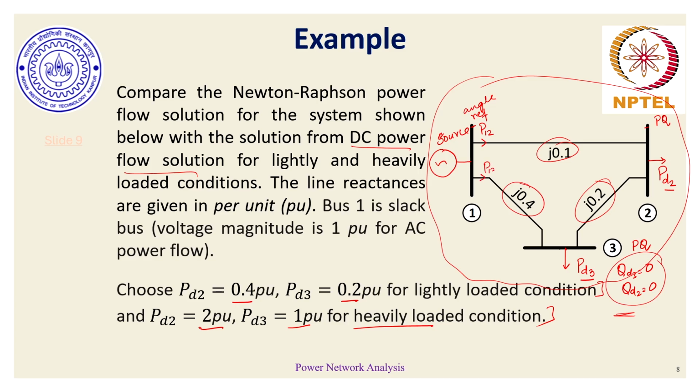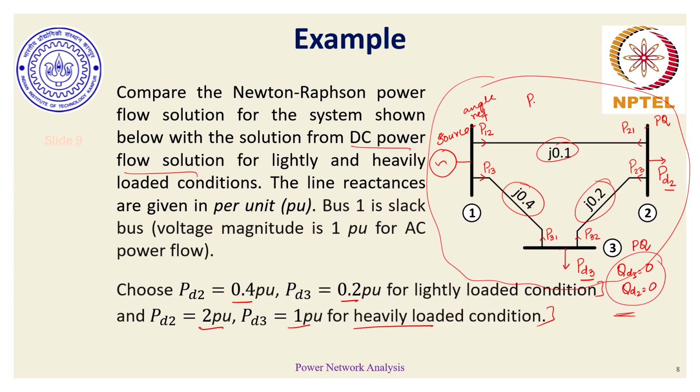P13 is the flow from bus 1 to bus 3 on the line connecting bus 1 and 3. Similarly, P23 is the flow from bus 2 to bus 3 on the line connecting bus 2 and 3. And the other counter flows can also be defined. So here we can have P31, here we can have P32, and here we can have P21. Since the line resistances are absent, they are not considered.